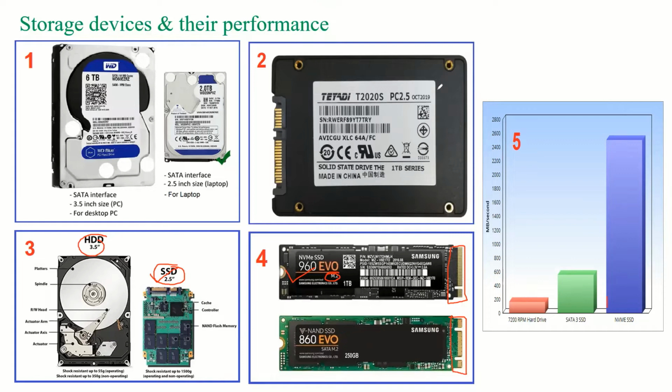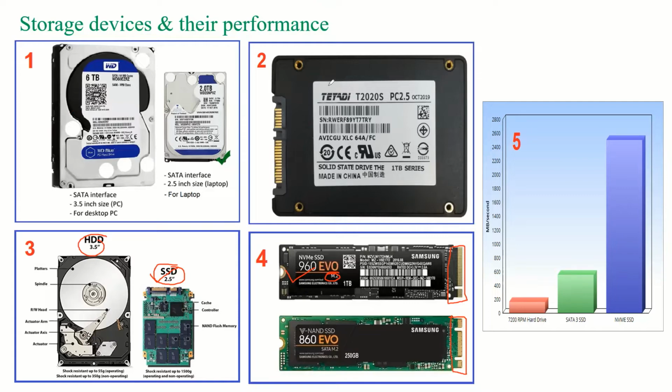If you are copying a movie file, maybe a 2 GB file, from your laptop or desktop computer that has NVMe storage to external storage, maybe a USB or a pen drive, that data transmission gets over within 2 to 3 seconds. At the same time, here it may take about 3 to 4 minutes. So your total computer speed is dependent on the storage device as well, on what type of storage device we are using.